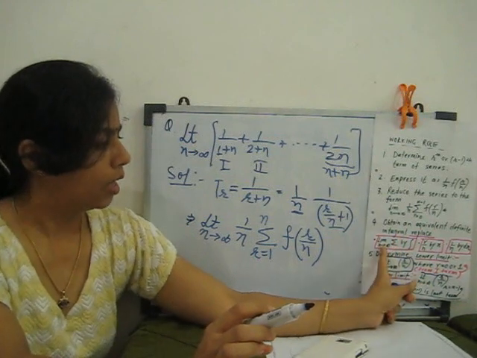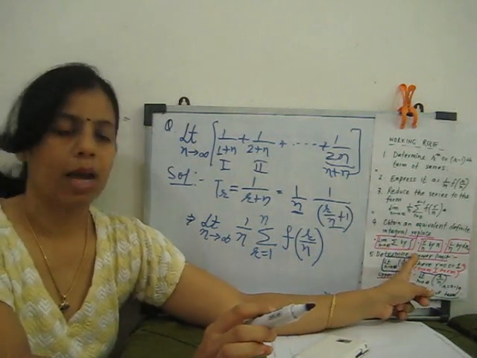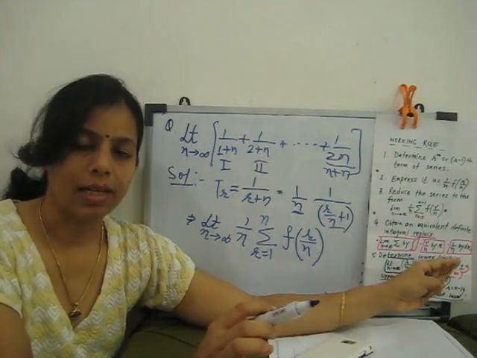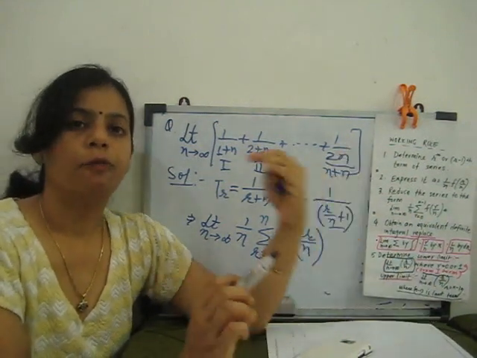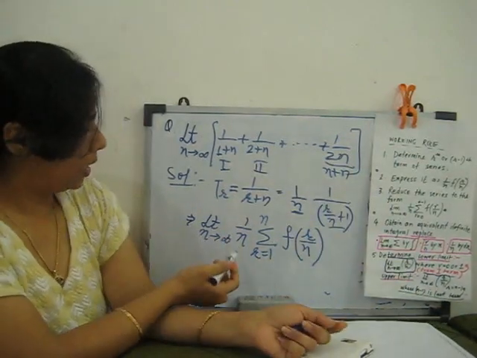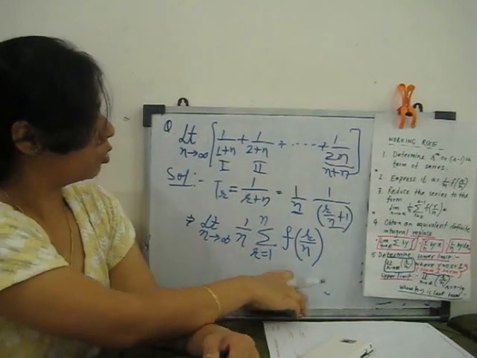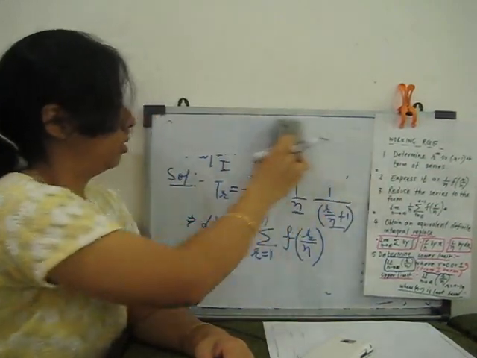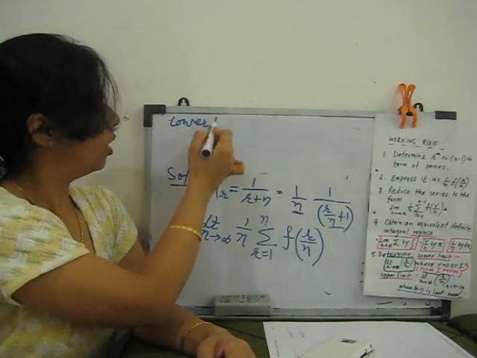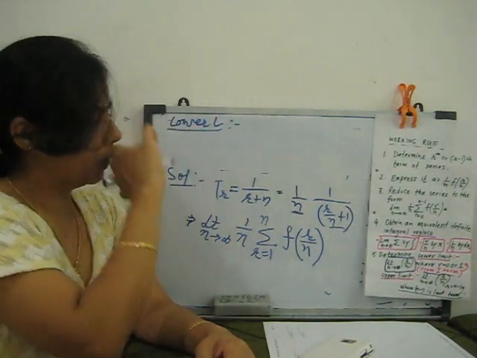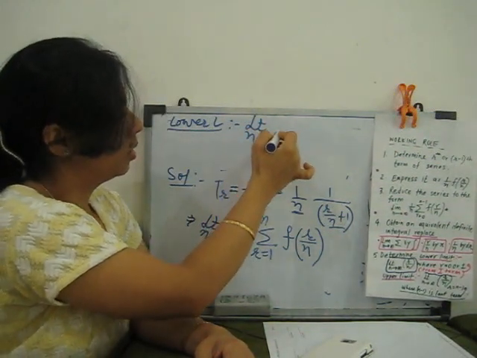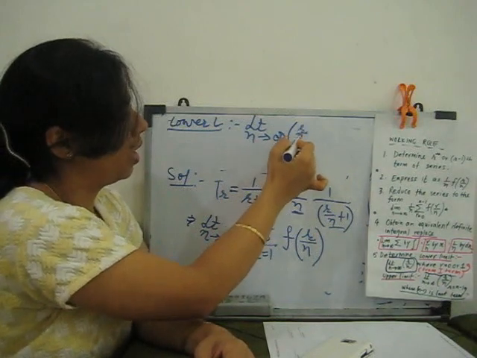Fourth step: the limit is replaced by an integral, r by n is replaced by x, and 1 by n is replaced by dx. Before writing the integral, first we have to find the upper and lower limits. For the lower limit, limit n tends to infinity of r by n.